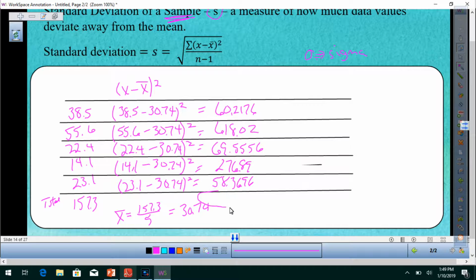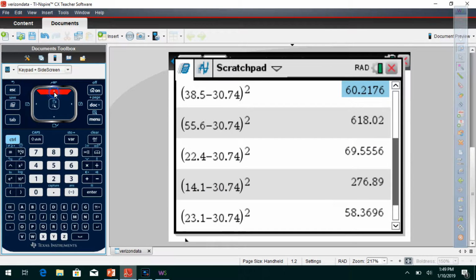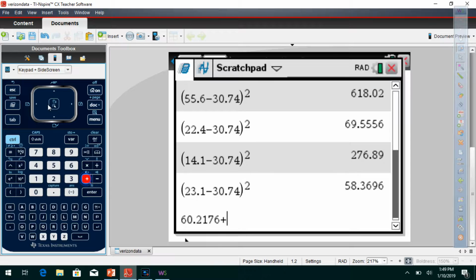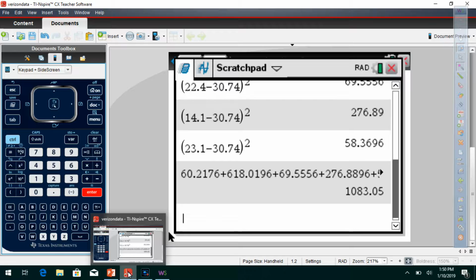Now I'm going to add up this total, and I'm going to cheat a little bit and use the calculator's plus function, which will reduce my rounding some. And I get 1083.05.